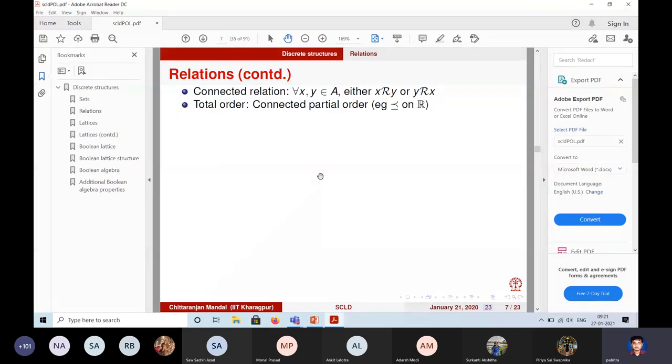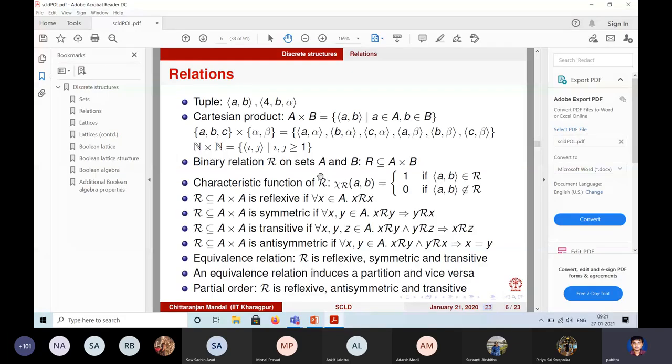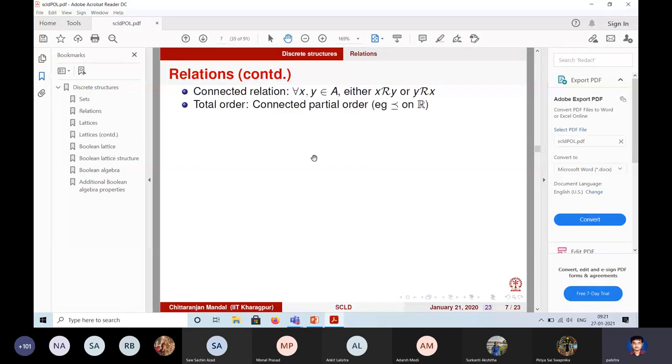One more thing. I am still representing the partial order by the script R symbol. Sometimes, because it originated from this less than or equal to kind of situation, the partial order is represented by this specialized less than or equal to symbol.